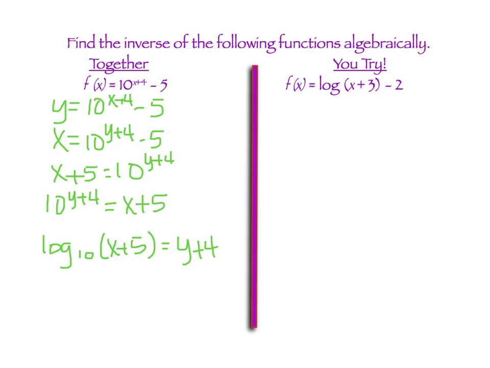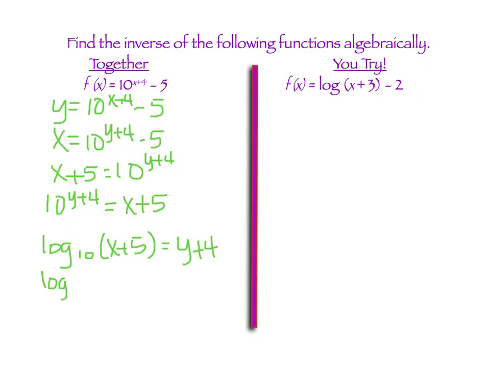Now we're just one step away from having y isolated, and we just need to subtract 4 from both sides. Now we cannot subtract this 4 from the 5 because the 5 is a part of this binomial in the parentheses. So it will look like this.